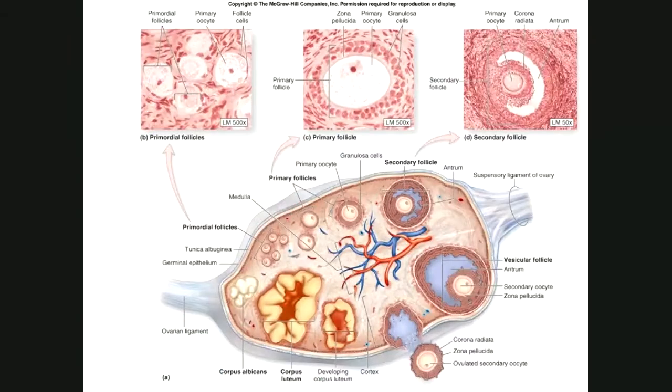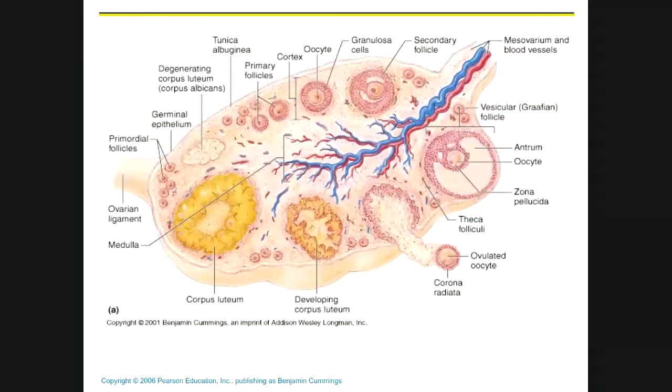And so we start out primordial, and then remember, there's one layer of tissue. And then we go to primary. Primary is more than one layer of tissue. Remember, these are theca cells. This still has theca, but now it has granulosa cells.